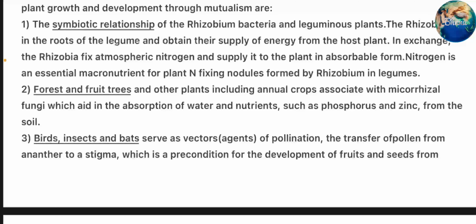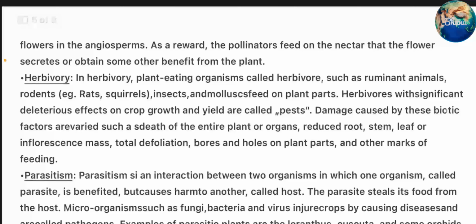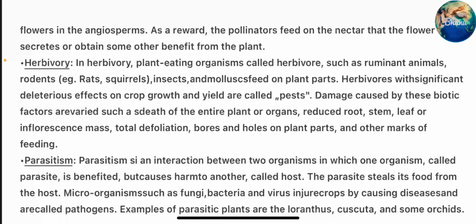The transfer of pollen from an anther to a stigma is a precondition for the development of fruits and seeds from the flowers in the angiosperms.